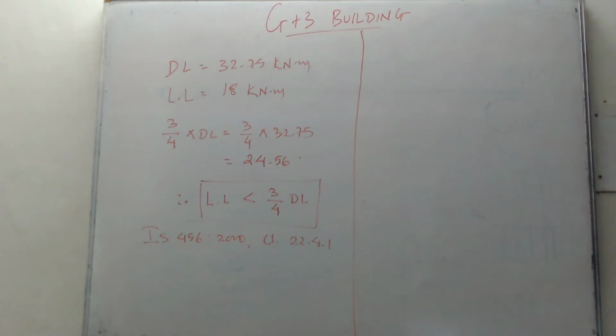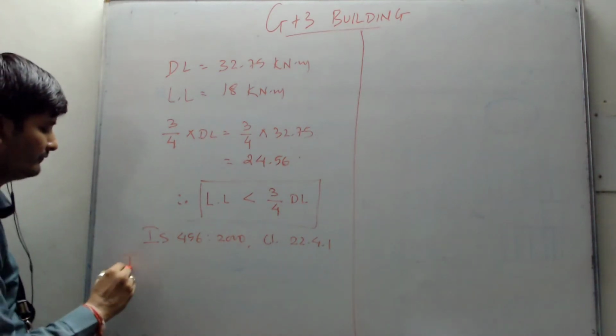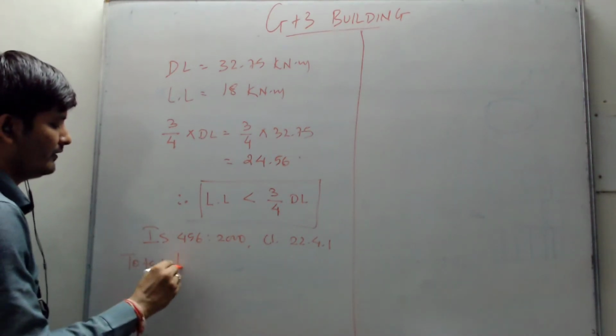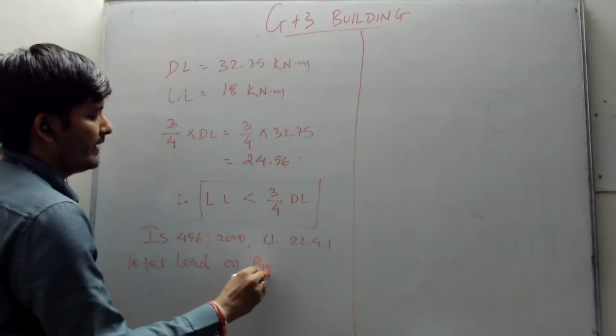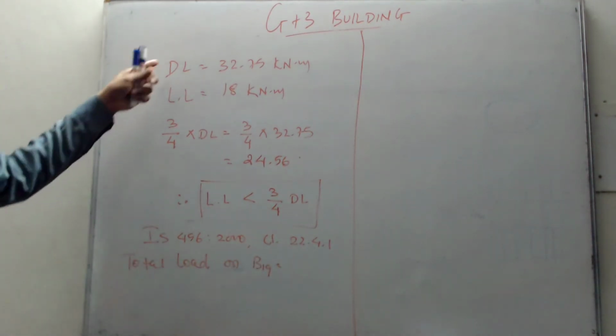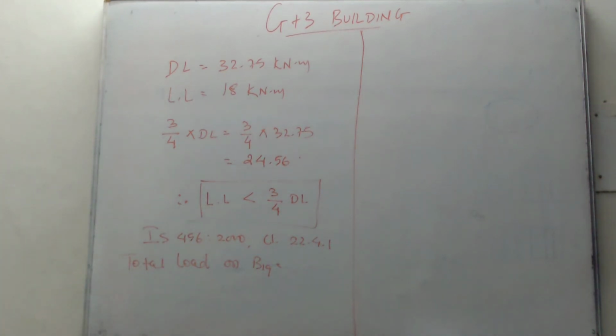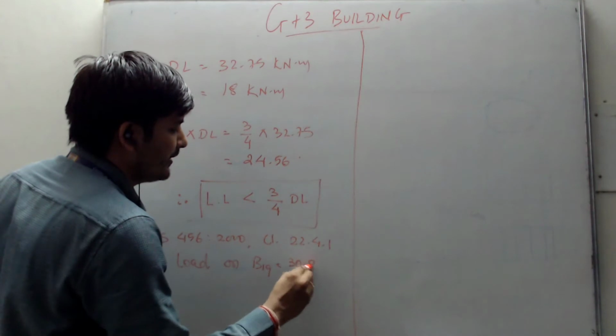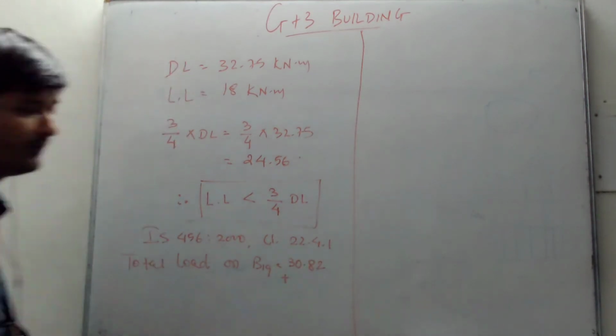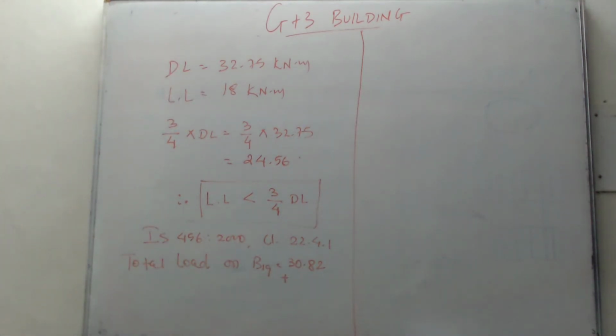So therefore, total load on beam B19, right? So this is for the previous 18 and 20. Same way we need to calculate for B19. So if you remember, we have calculated 30.82 as the dead load, plus we need to add the live load also, which was 16.